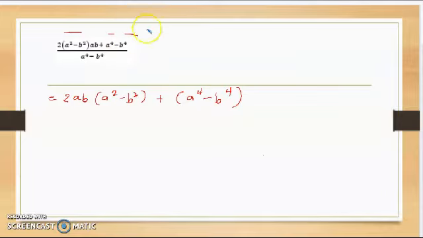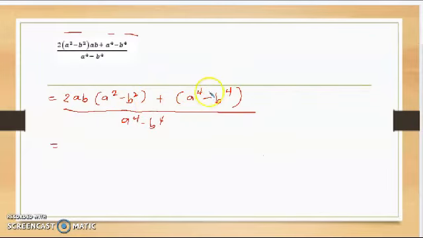From 3 terms down to 2 terms. Okay. And then copy the denominator, which is a to the fourth minus b to the fourth. And then simplify the numerator. Okay, there are 2 terms.